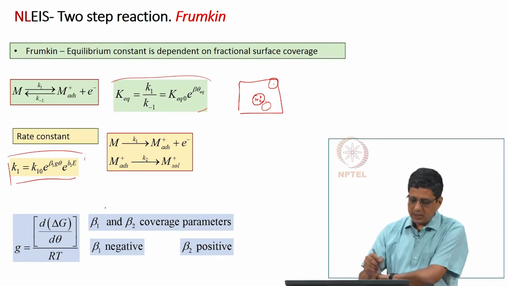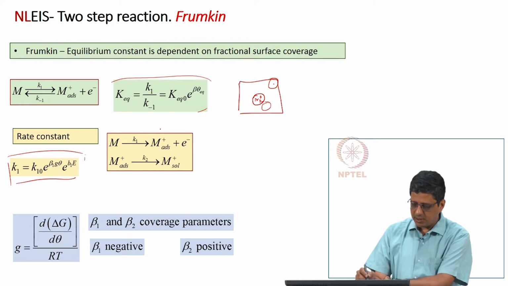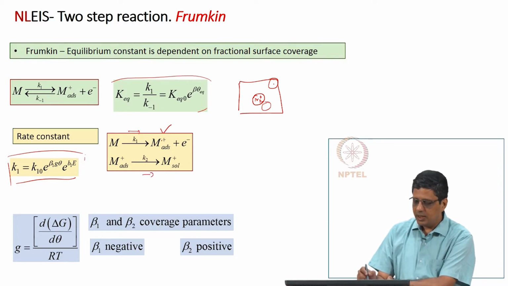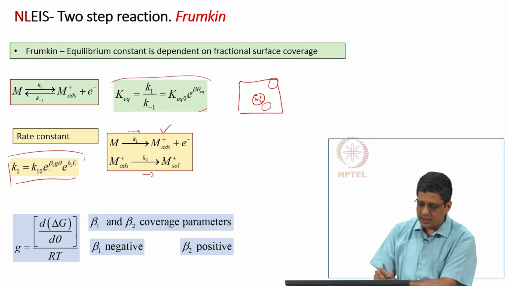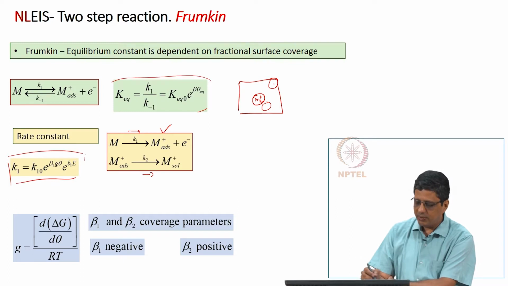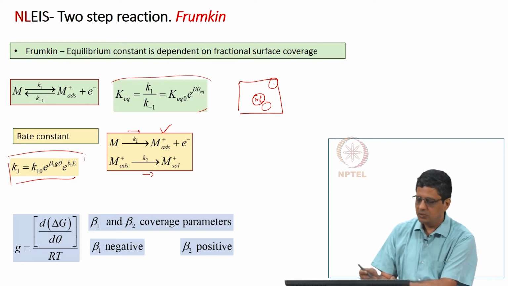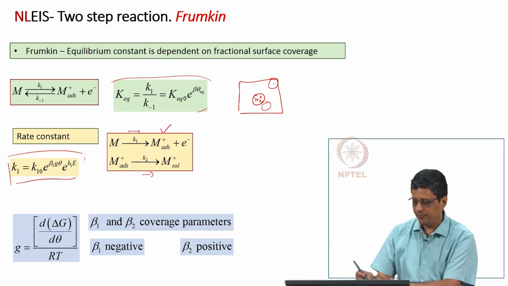Because of that, we are going to say if theta increases, this reaction will slow down, but if theta is more, it is more likely that this reaction will happen faster. That is to say, k1 will decrease with theta, and if k1 has to decrease with theta, g of course is a positive number here, beta 1 has to be negative, beta 2 will be positive, then we can say when theta increases, k2 will increase, k1 will decrease. So, that is a more realistic scenario.